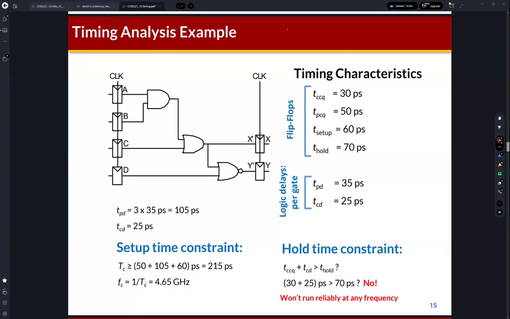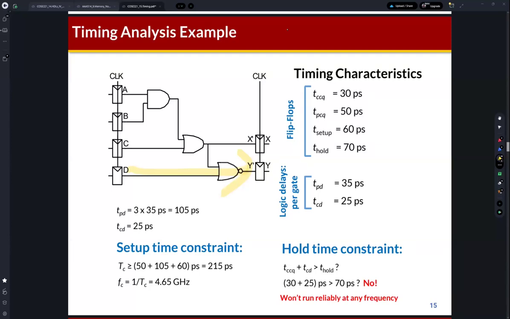Then let's analyze the hold time constraint. I mentioned that in order to analyze the hold time constraint, we need to consider the minimum delay. So what is the path for minimum delay? This is the minimum delay path because there is only one gate in the path, right?